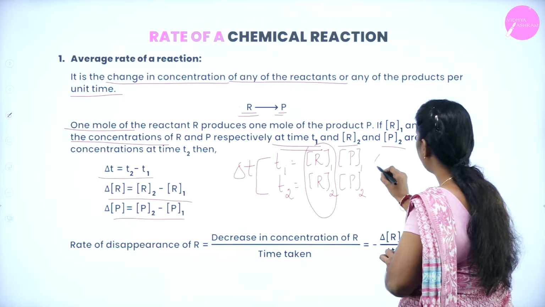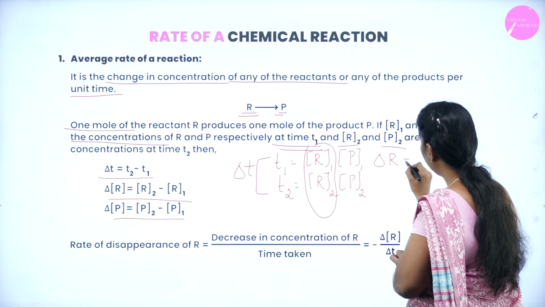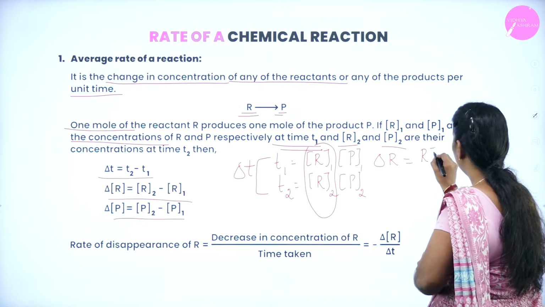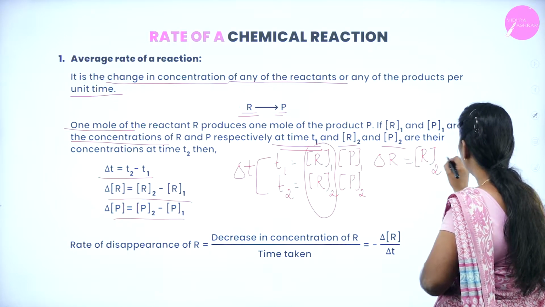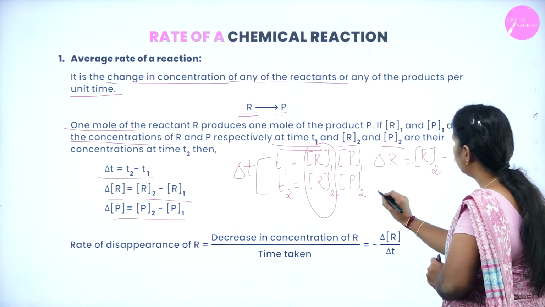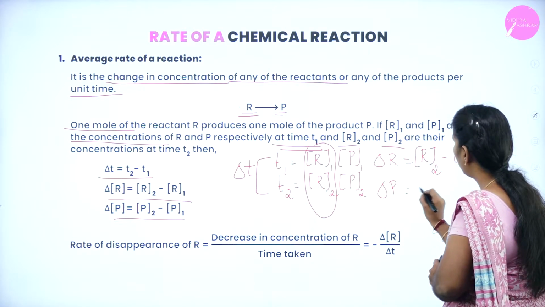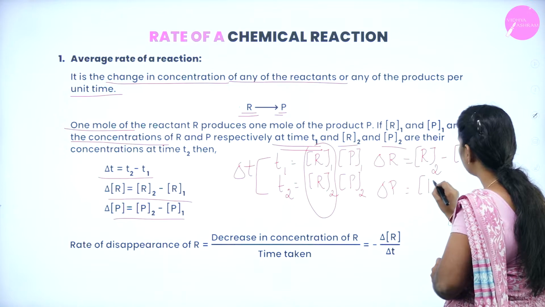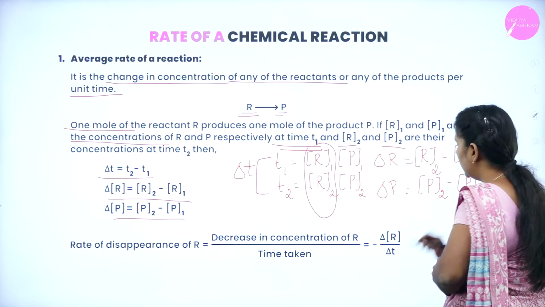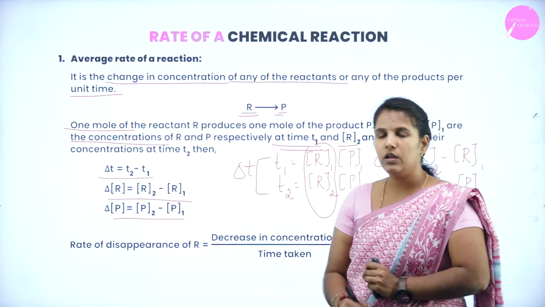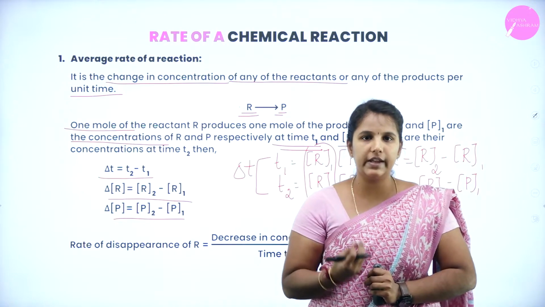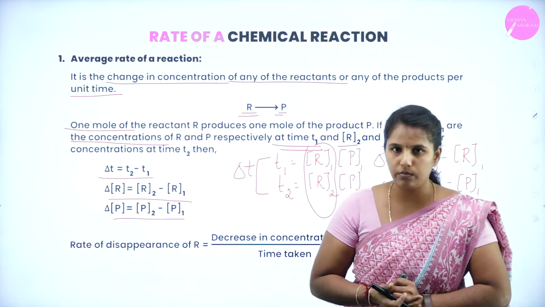You can also write delta R, the change in reactant, as the difference in molar concentration of the reactant, and similarly the change in product is the difference between the molar concentration of the product P2 and the molar concentration of the product P1. This is how we can easily understand how the average rate of the reaction can be obtained.